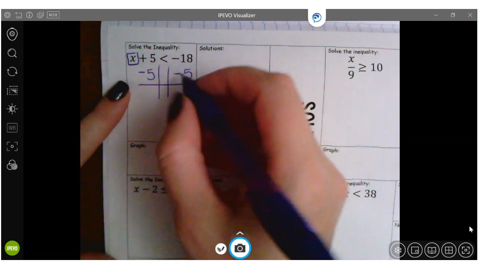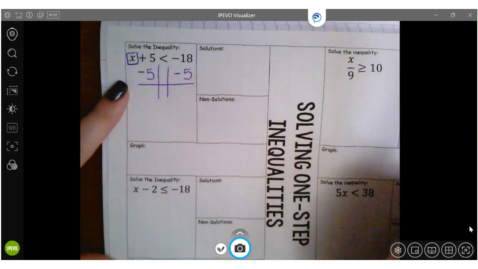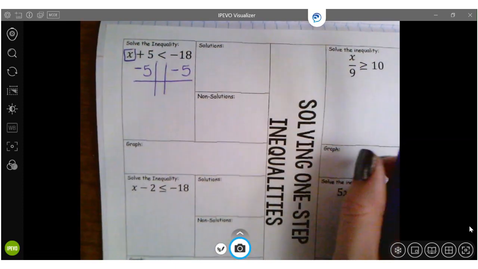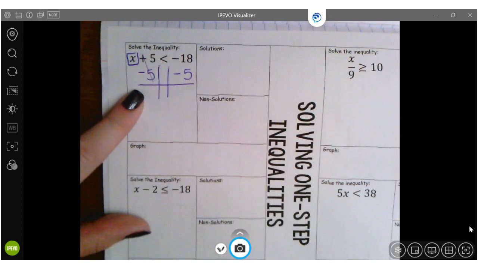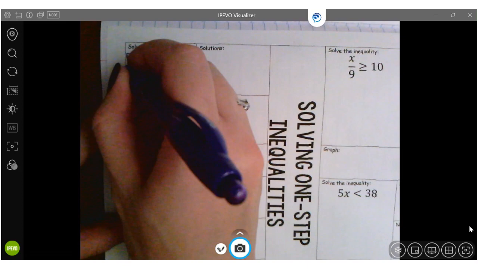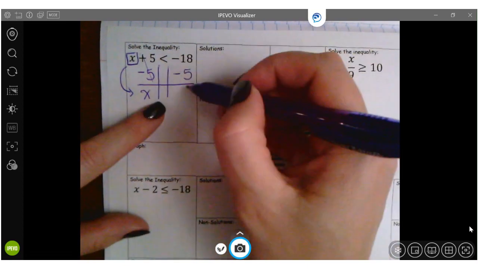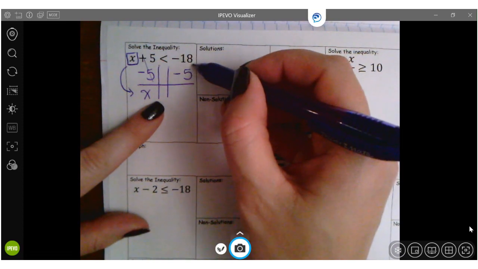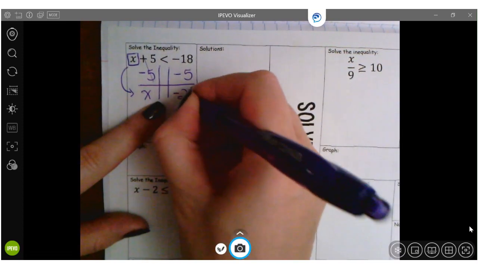Then I do the math on the right side and I carry down on the left what has not canceled. So that plus 5 minus 5 is essentially going to cancel, and I carry down the x. So I just have x. When I do the math on the right, negative 18 minus 5 would give me a negative 23.